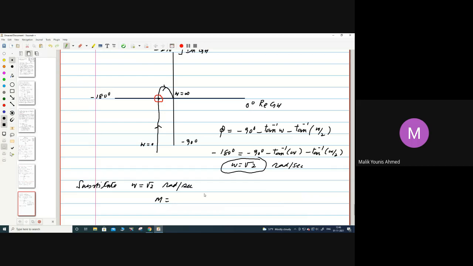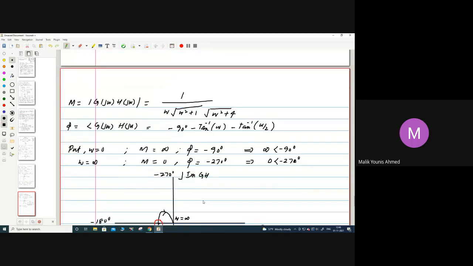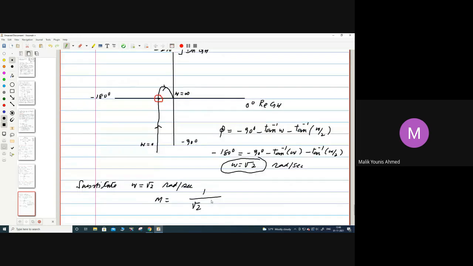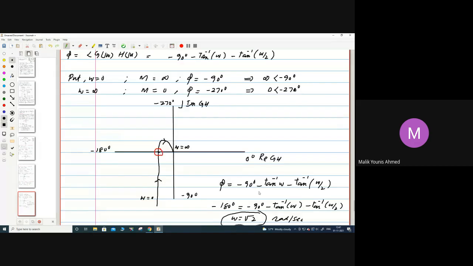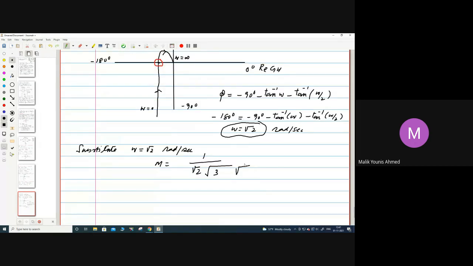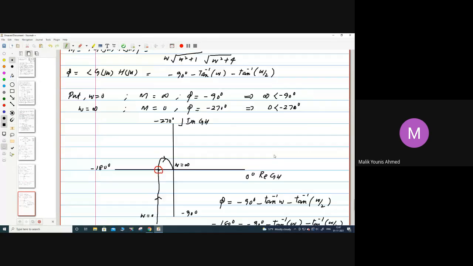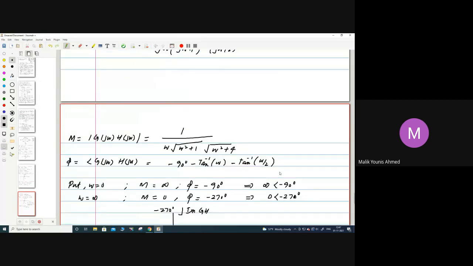M will be equal to 1 by omega, under root of omega square plus 1, under root of omega square by 4 plus 1. Under root 2 square will be 2, 2 plus 1 will be 3, and under root of 2 square by 4 plus 1, that is 1 plus 0.5.